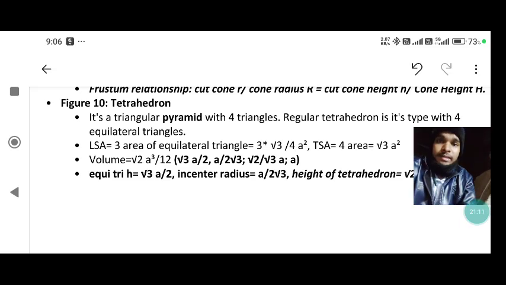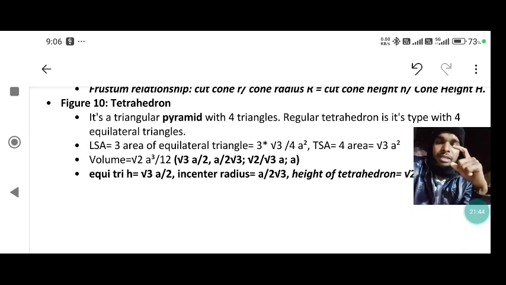So what we are trying to do here is apply the Pythagoras theorem. In the base triangle there is the in-center radius, and then the slant height. The height of the triangle is root 3 by 2 a, and the in-center radius is a by 2 root 3.